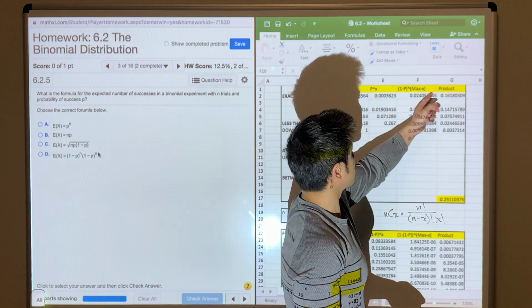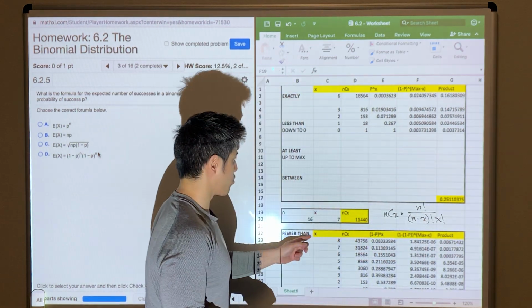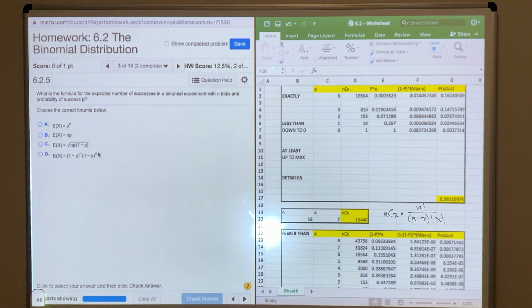Whenever you see P, that is short for the probability that is provided for you, or you need to calculate on your own. So what is the formula for the expected number of successes in a binomial experiment with n trials and the probability of success being P?